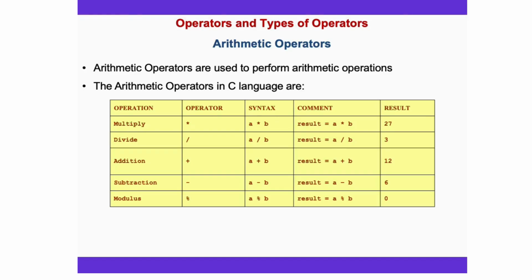The asterisk symbol is used to perform multiplication. The syntax is A asterisk B, that means A multiplied by B produces the result. For example, if A is equal to 3 and B is equal to 9, then it will produce the output 27. The remaining operators do the same kind of operations.